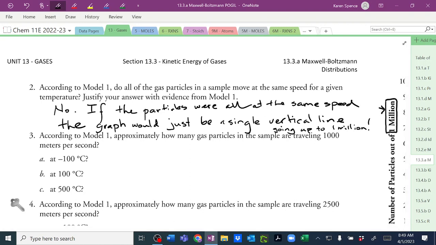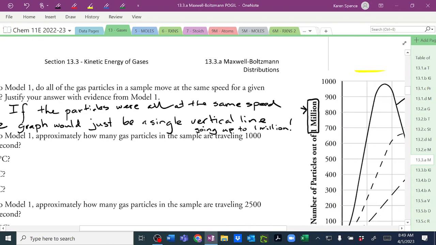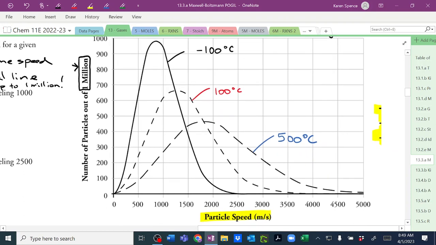According to Model 1, how many gas particles in the sample are traveling at 1,000 meters per second at -100 degrees Celsius?